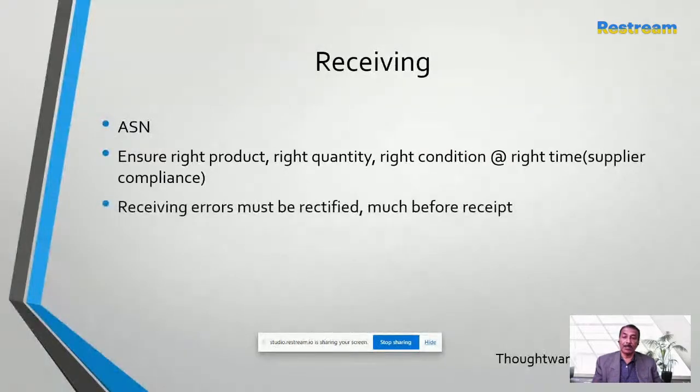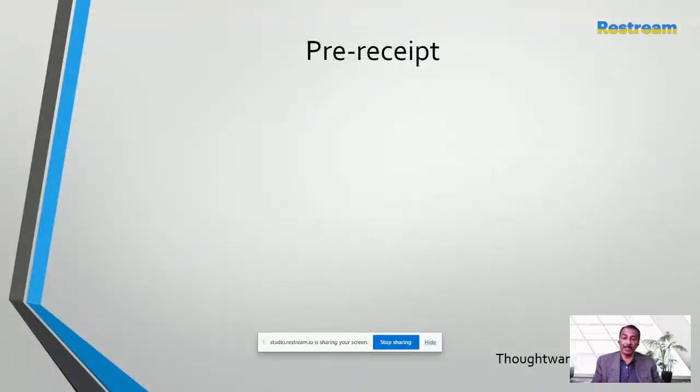Okay. So receiving errors must be rectified much before receipt. Possibly the ASN, or advanced shipping notice, will help us in rectification. When the document is made, you will know what the contents of the document are, and you will be able to communicate with the vendor even before dispatch.